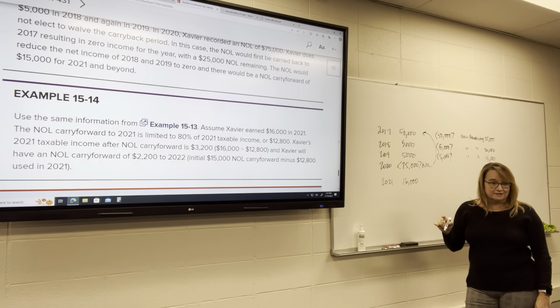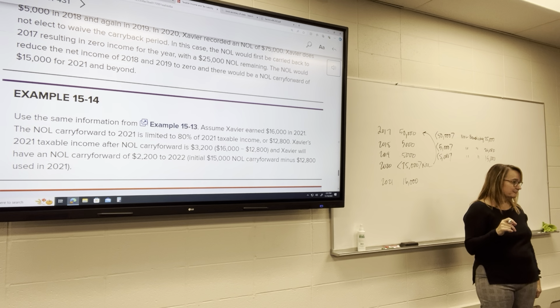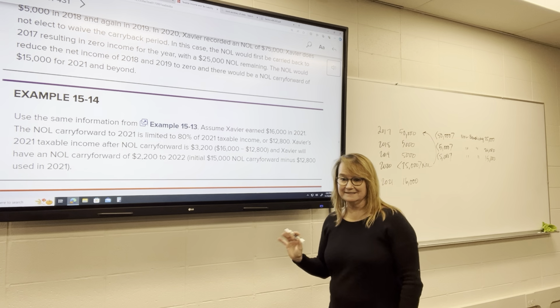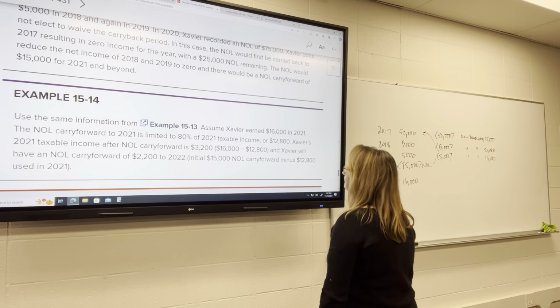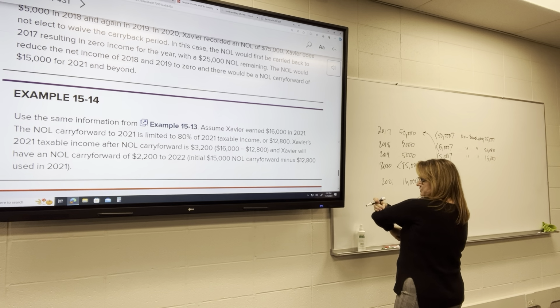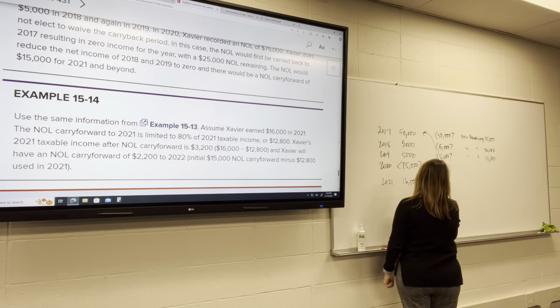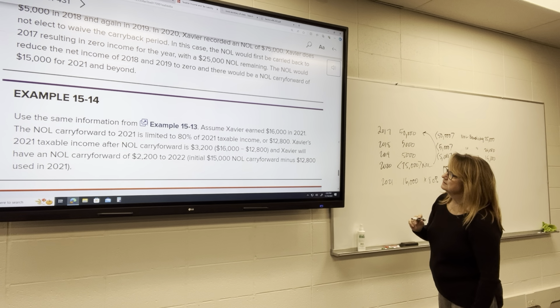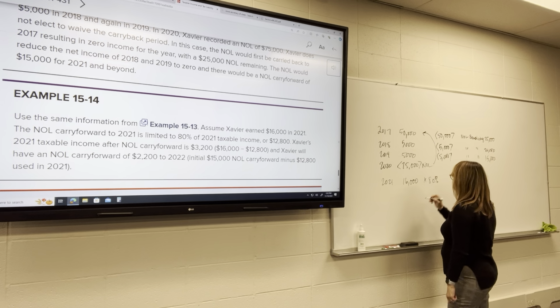But the rules changed in 2021, and we can only take 80% of that NOL. You can't take 100% anymore, right? So it's limited to 80% of 2021 income. So we've got to take 16,000 times 80%. We've done the calculation here. 12,800.